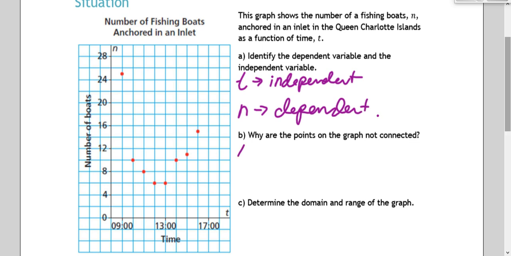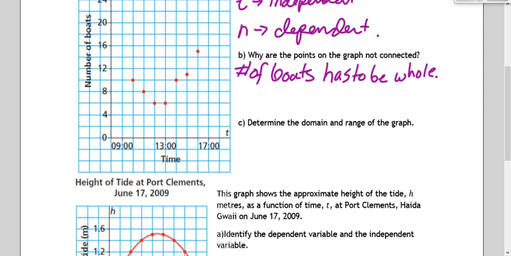Well, the number of boats has to be whole. We cannot have half a boat. We cannot have 3/4 of a boat. We cannot cut the boat in half and still have a full-size boat.